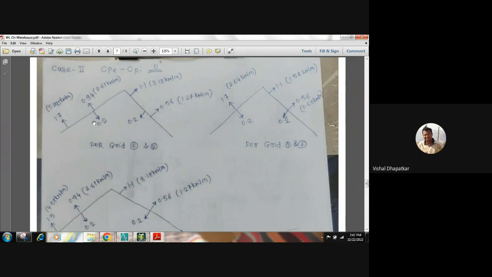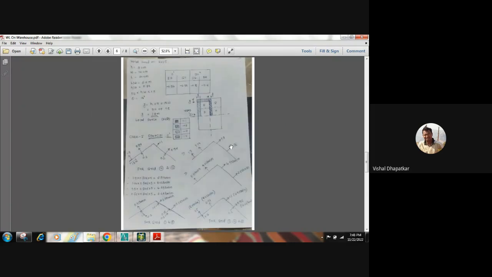So again, we just have to find net force coefficient, and based on that, we calculate the loads by considering the contributory width and design wind pressure. For this case also, we have worked out wind load on all the grids. It is written here, that is 5.29, 2.61, 3.18, 1.27, similar to what we did for the plus CPI case. So first calculation is clear to all. Second, third and fourth are the same based on these cases. Any doubt here?